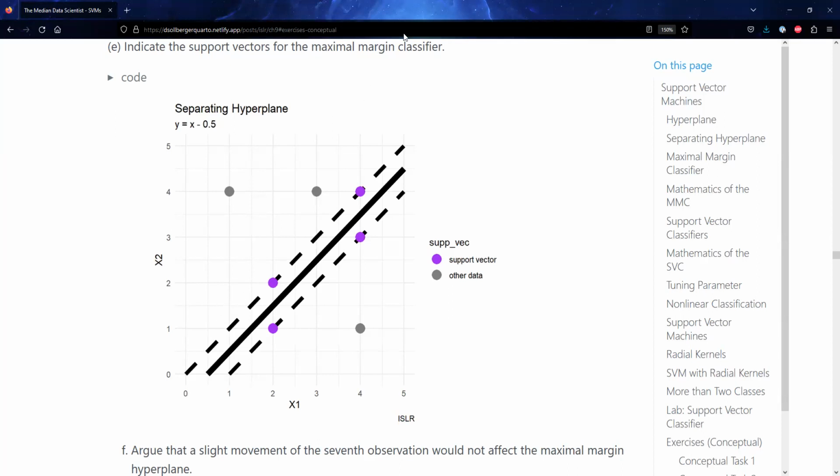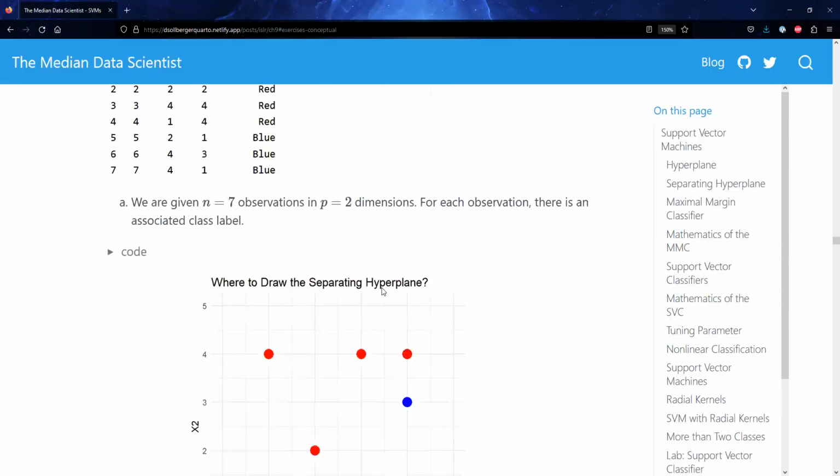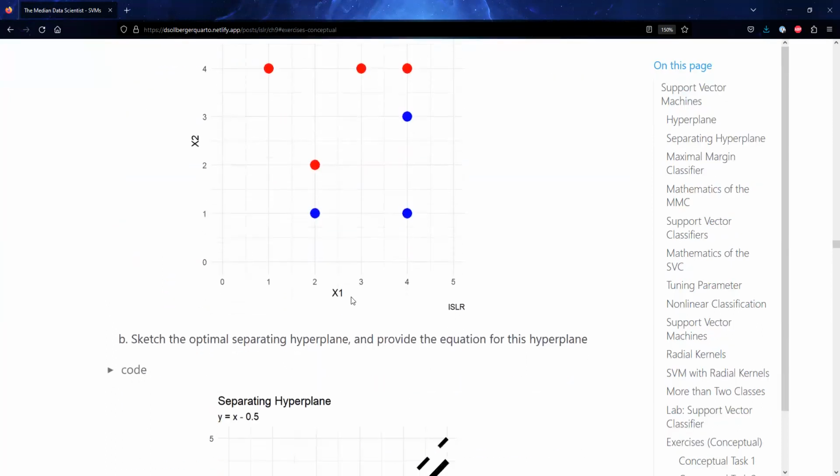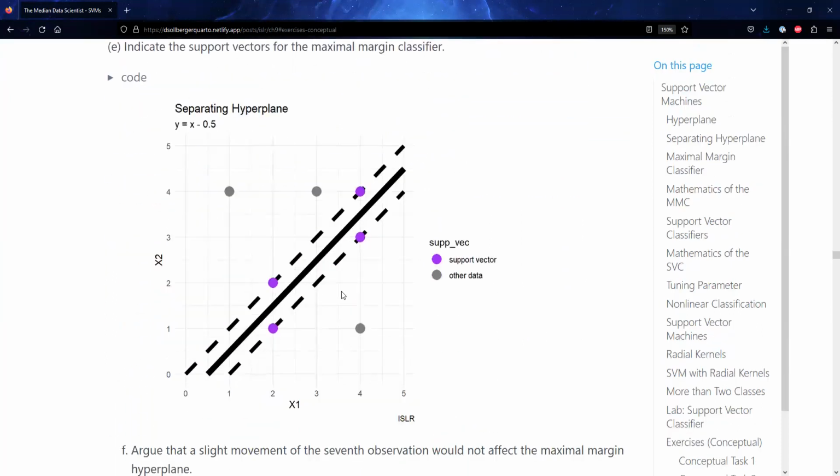And thus in part F, let me double check something real quick. In part F, we're looking at this location here at the coordinates 4, 1. So we're looking at this data point.